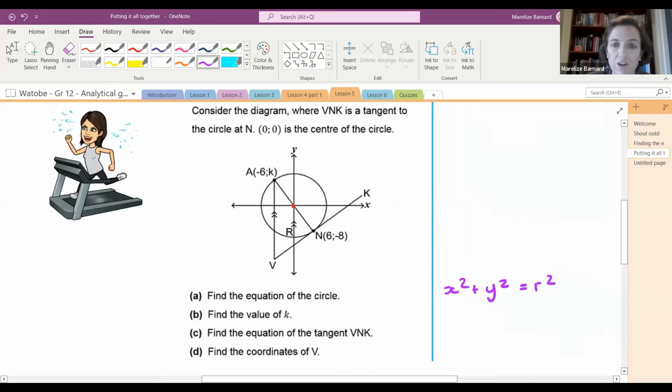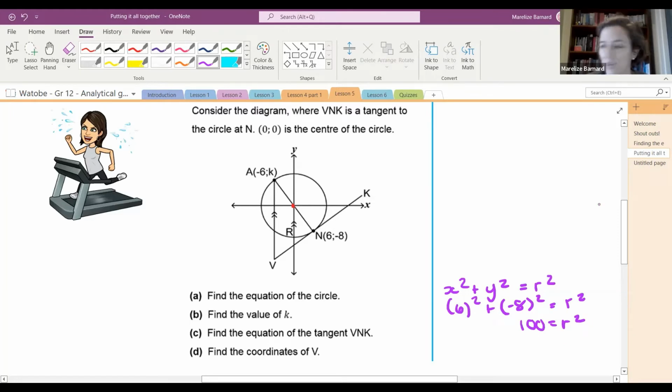And we've got an x and a y coordinate that we can substitute in. And that is going to be 6 squared plus minus 8 squared is equal to r squared. And if we add that together, that's 36 plus 64, that's 100, it's equal to r squared.